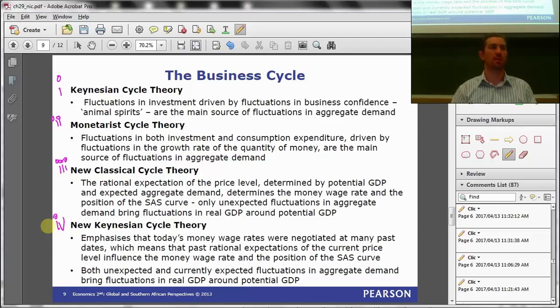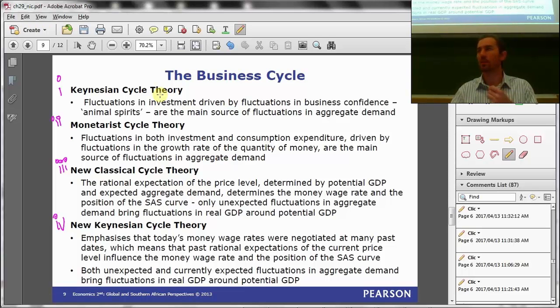In other words, why it isn't easy to anticipate, why we get our expectations of its shifting incorrect. Each of these is reflective of the different theories that you saw in the previous chapter. At the end of chapter 28, there were three primary theories that were discussed, macroeconomic theories.